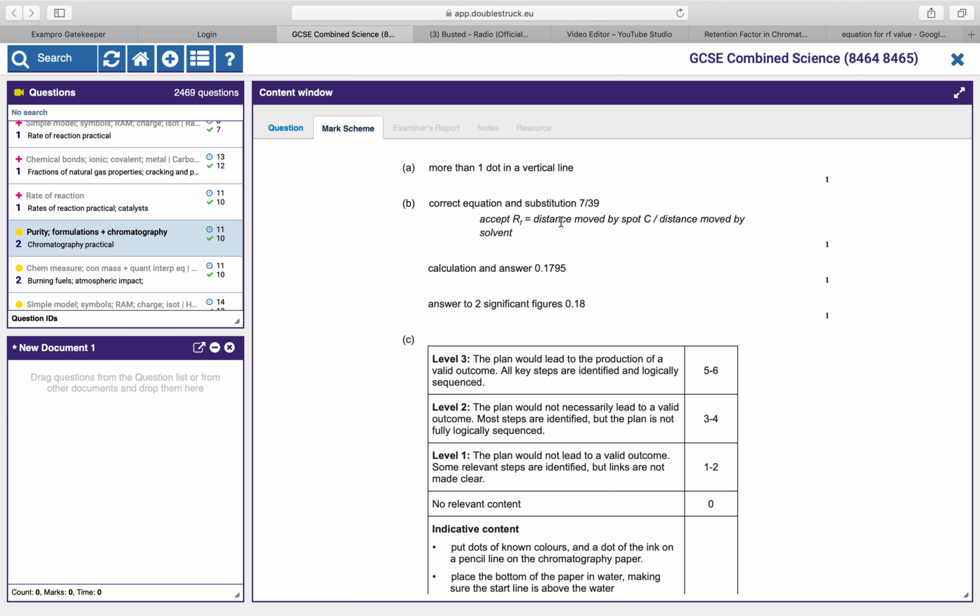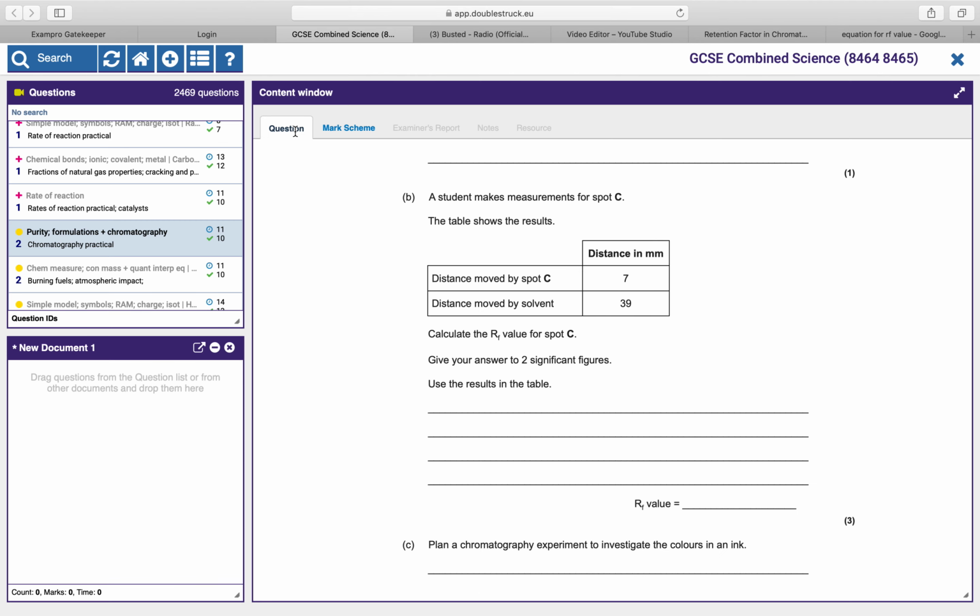So they like it if you write down the equation. So once you know what you're dividing by, write the appropriate equation. Distance moved by whatever it is, divided by distance moved by the solvent, and then you do your calculation and give your answer to the right number of significant figures, because it asks you.